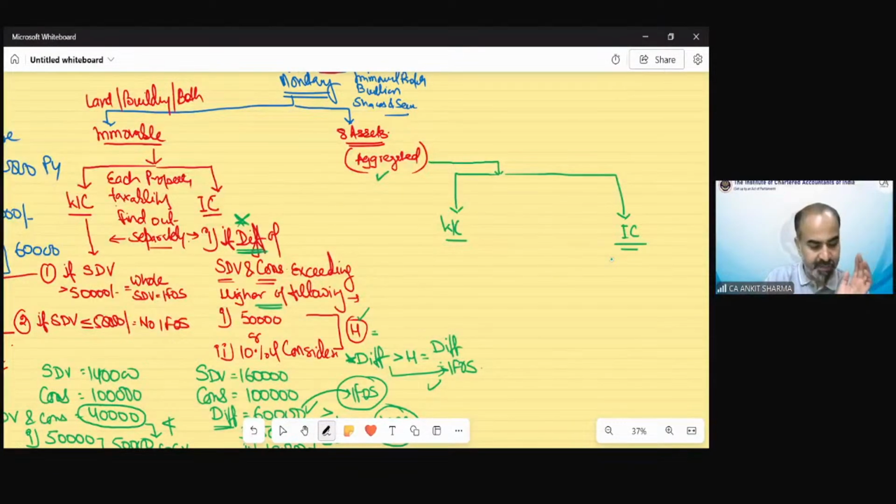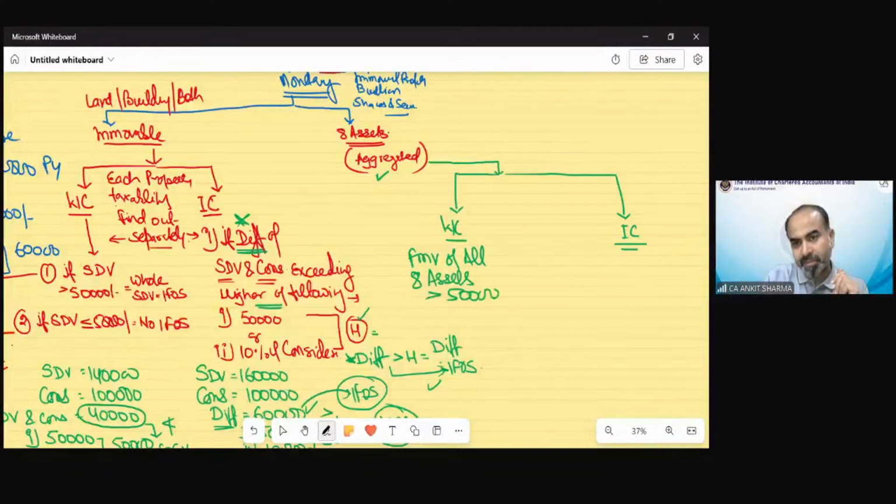So the first case: if that is without consideration, and the FMV of all 8 assets exceeds 50,000, the whole amount is income from other sources. Clear? Suppose I have received one asset whose market value is 30,000.